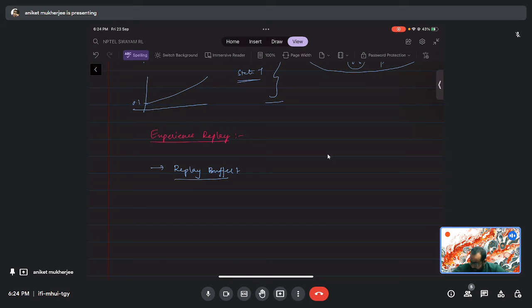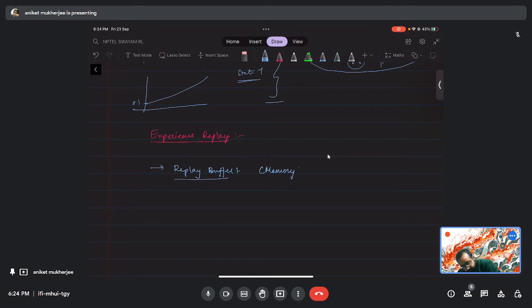So what it does is sample a transition from the buffer, given an (s, a) pair. First we have a buffer which stores past transitions: S_{t-1}, A_{t-1}, and S_t goes into your buffer.